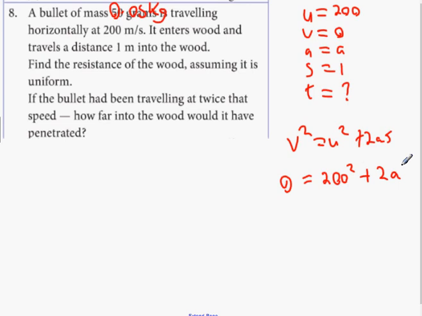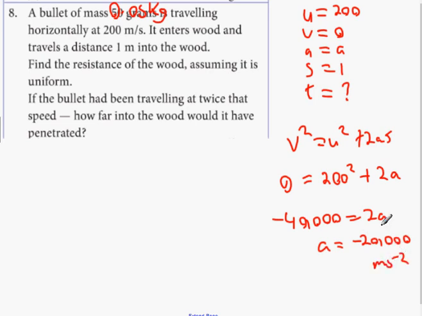Now A is going to be negative. What's 200 squared? Minus 40,000 equals 2A. A is going to be minus 20,000 meters per second squared.